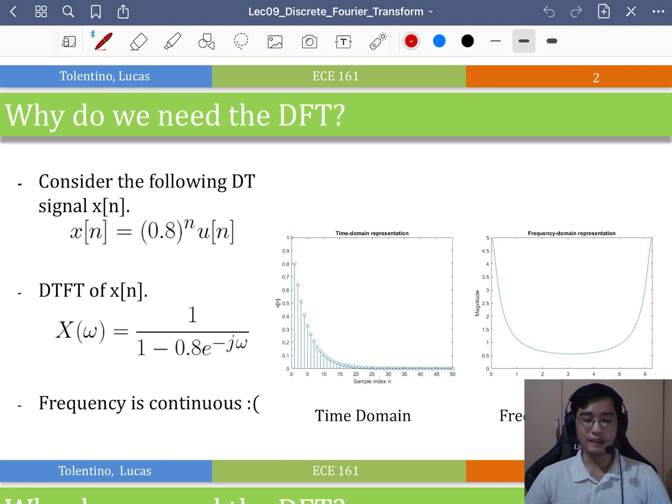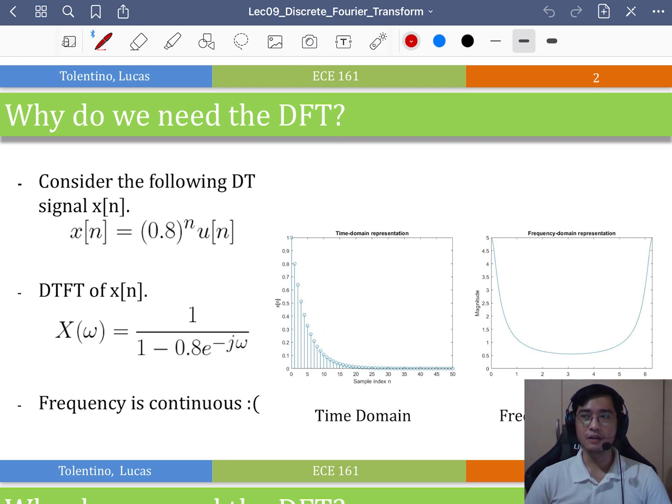Okay. So first, for our introduction, some motivation behind this transform. So why do we need the DFT? Why not just use the discrete time Fourier transform? Because basically, what we want to do here is to represent the time domain signal in its frequency domain, and we've already done that. Basically, a time domain signal is in general discrete time and aperiodic, right?